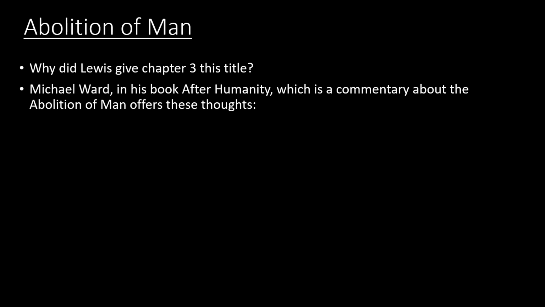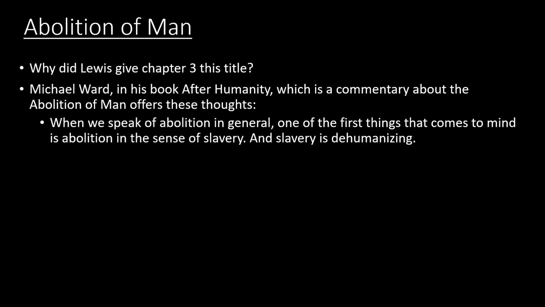Michael Ward, the author of the book After Humanity, in this commentary of Abolition of Man, says that he suspects that the reason that C.S. Lewis gave the 3rd chapter the title Abolition of Man is because if we look at the word abolition, oftentimes we think of it in the sense of slavery, and slavery is dehumanizing.